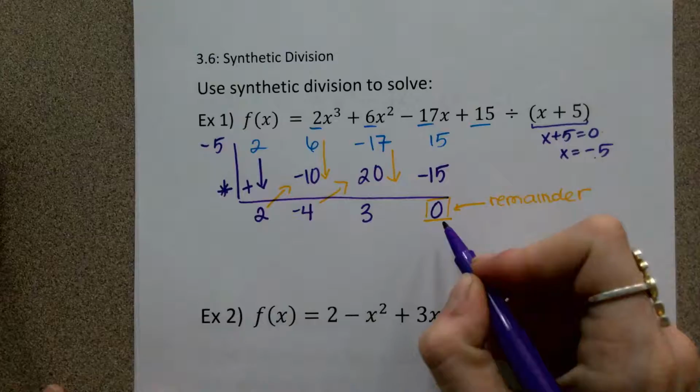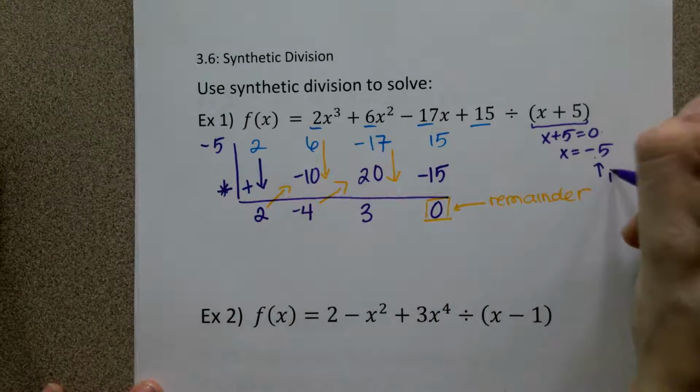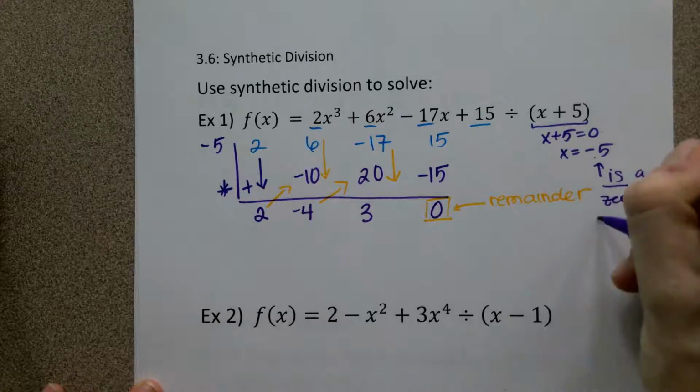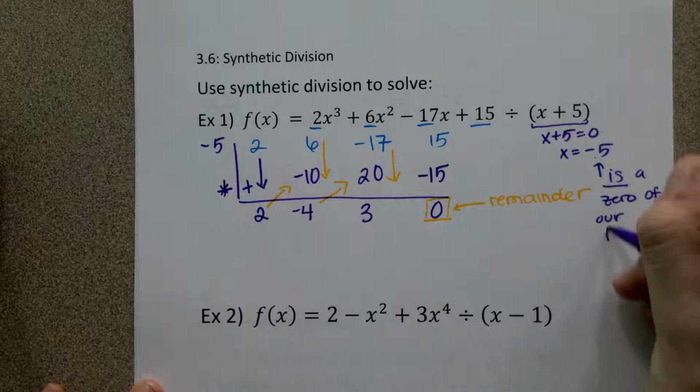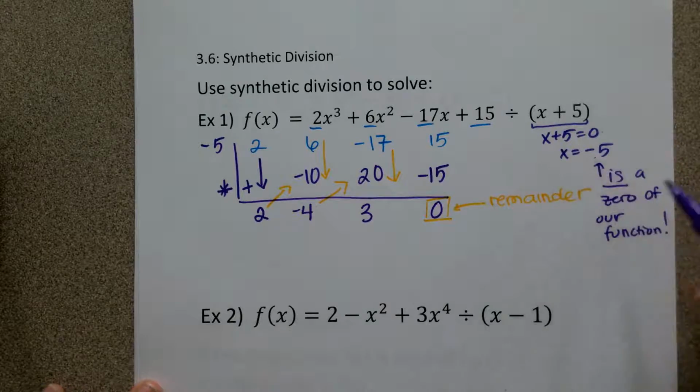when we have a remainder of 0, that means that this is a 0 of our function. So it will cross my x-axis at negative 5. We'll get more into that later on.